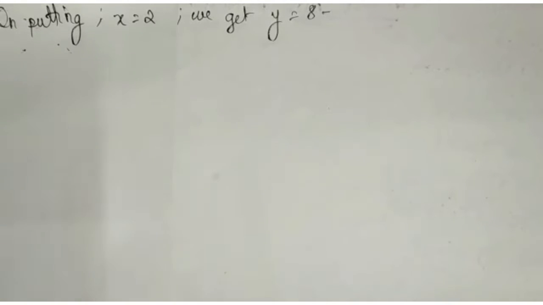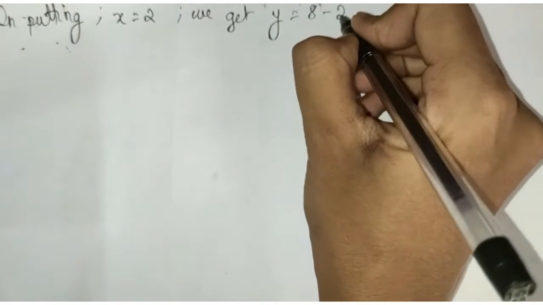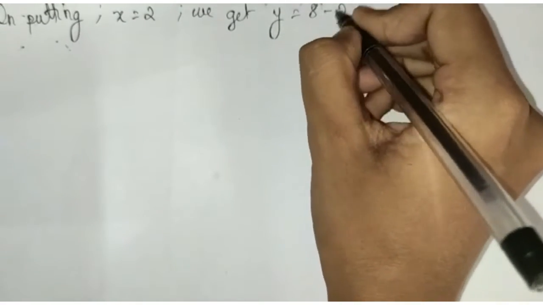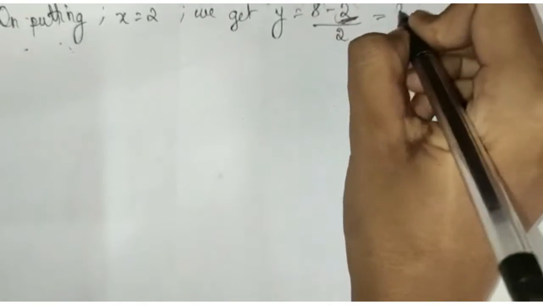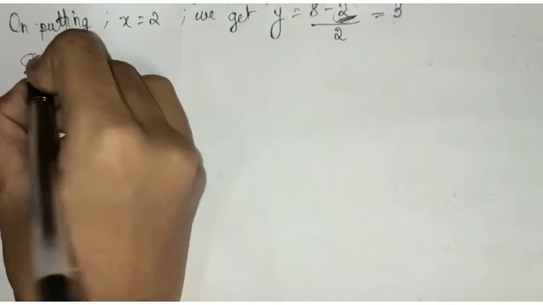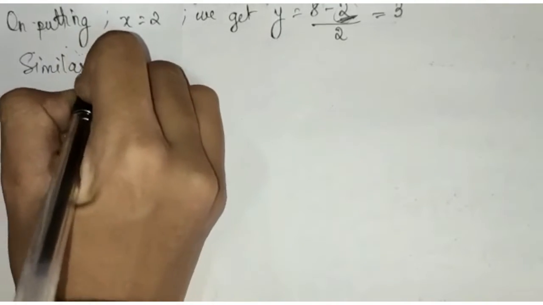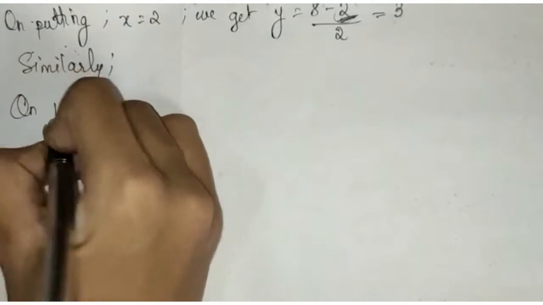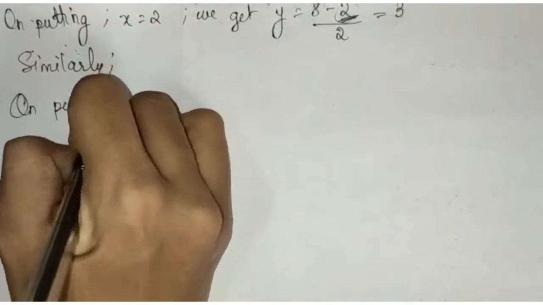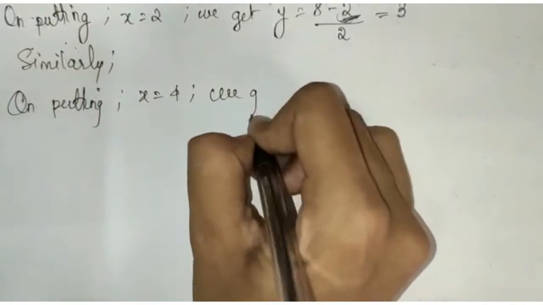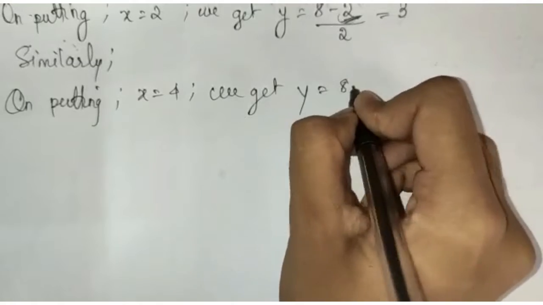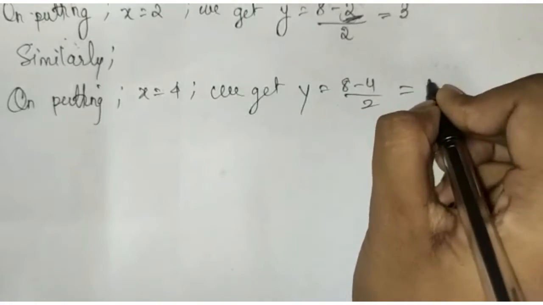So on putting x equal to 2, we get y is equal to, in place of x I'm putting 2, (8 − 2)/2 is equal to 3. Similarly, on putting x equal to 4, we get y is equal to (8 − 4)/2, that is 2.